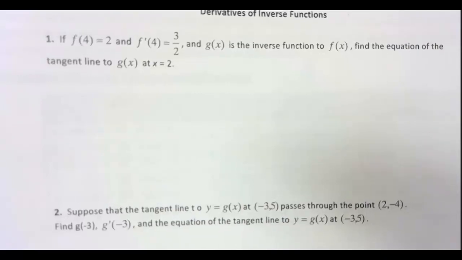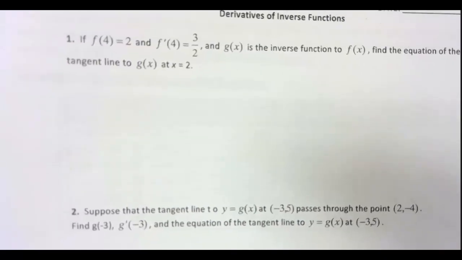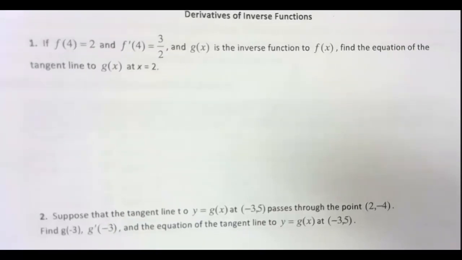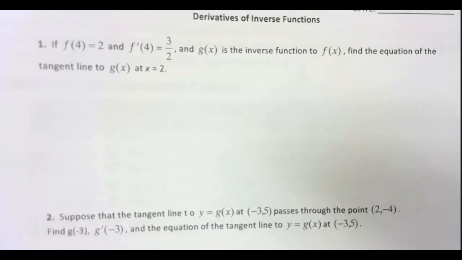So go ahead, take a minute, read through that problem on your own, and write down what you believe the slope of the tangent line is for this equation. So let's start with finding the slope of the tangent line.